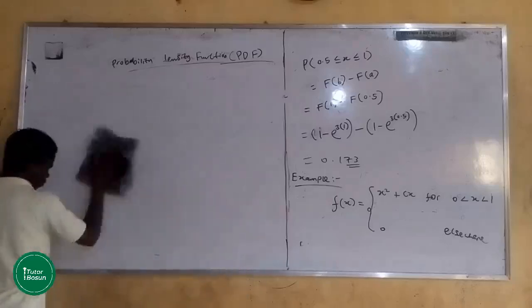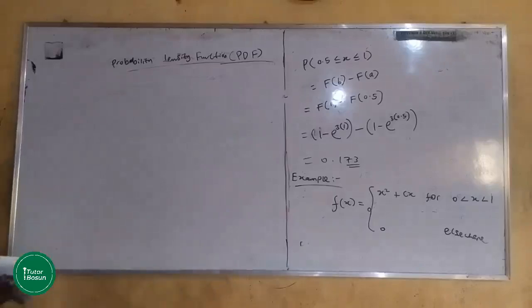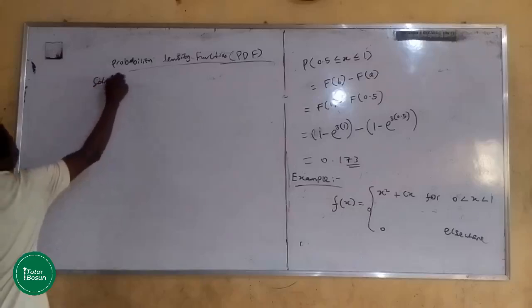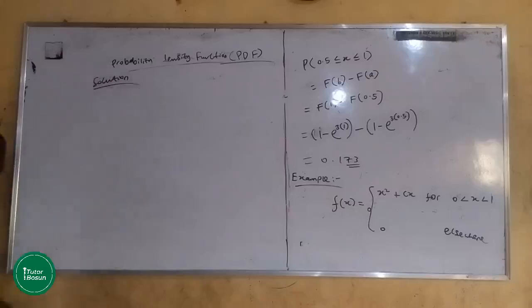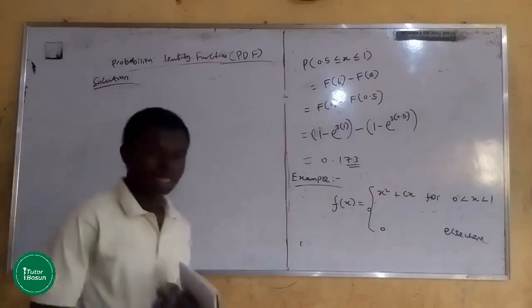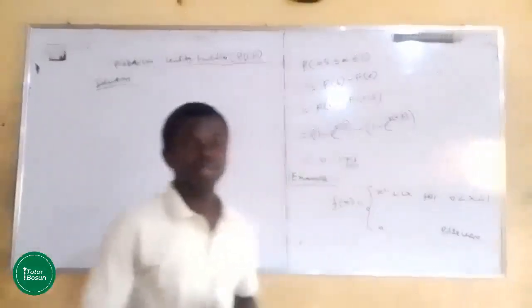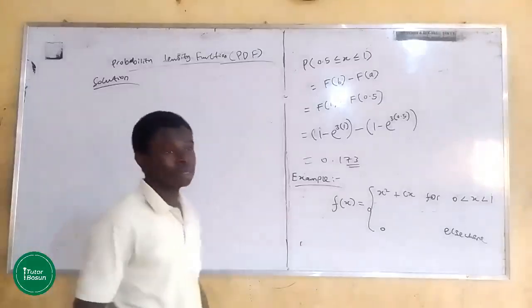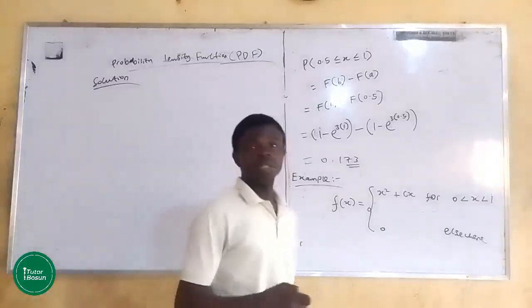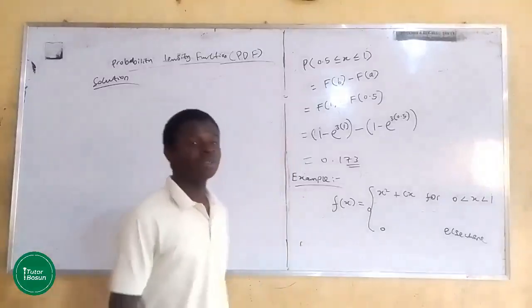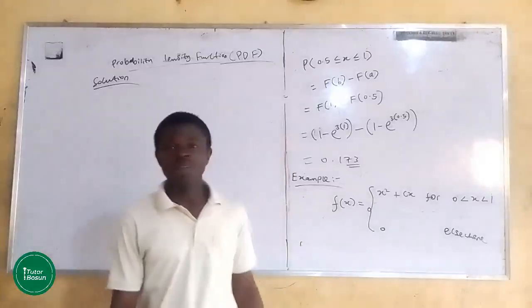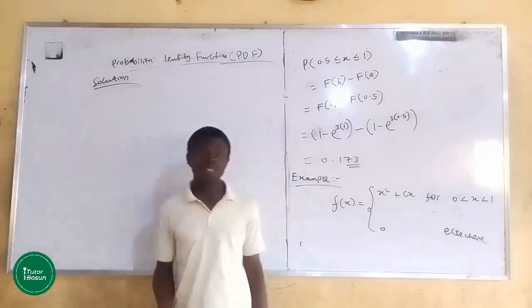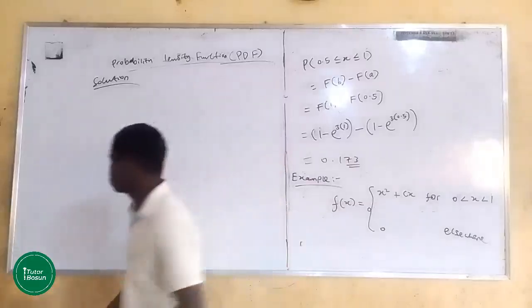So we are firstly asked to find the value of c. So how do we do that? We have done a similar example, just like the approach we used in the first example relating to this. You apply the condition that the integral of f of x from minus infinity to infinity equals 1.